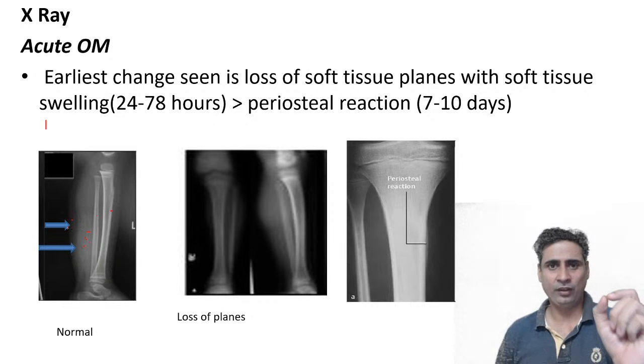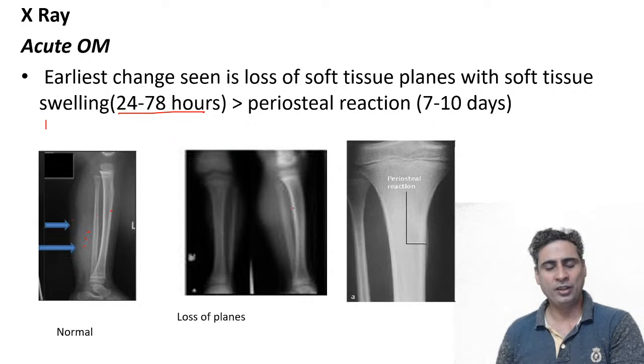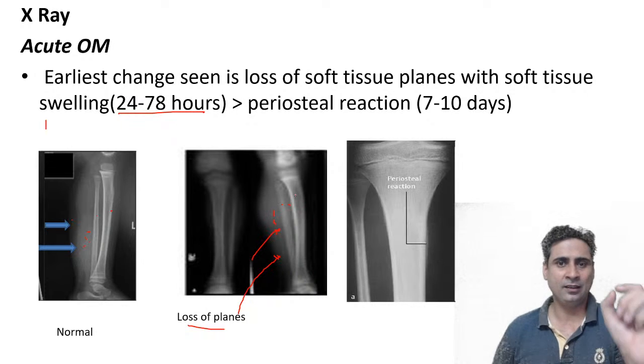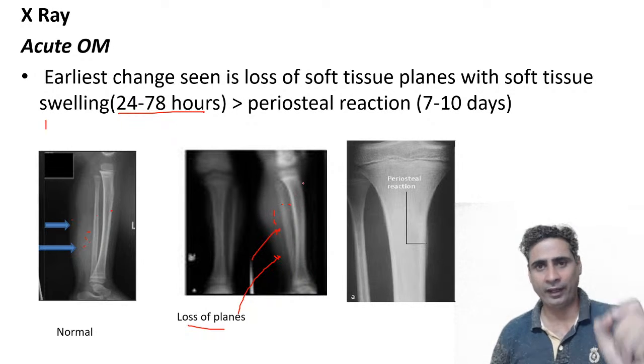This definition of soft tissue planes will be lost in acute osteomyelitis at around 24 to 48 hours because of formation of pus and inflammation. There will be edema. So here in infection you cannot make out those soft tissue planes. So loss of definition of soft tissue planes is the earliest X-ray finding.